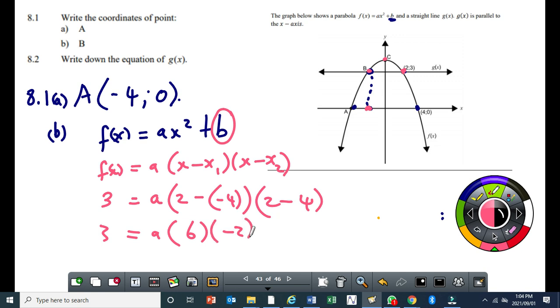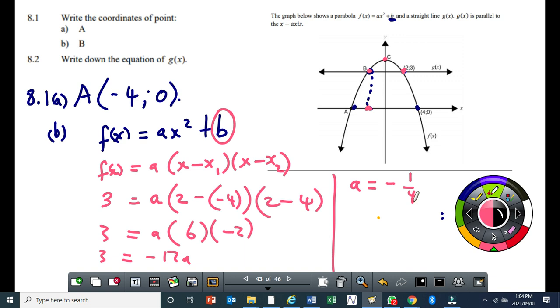So 3 equals minus 12a. Therefore, a is going to be minus a quarter. All right. So that's how I will calculate that.